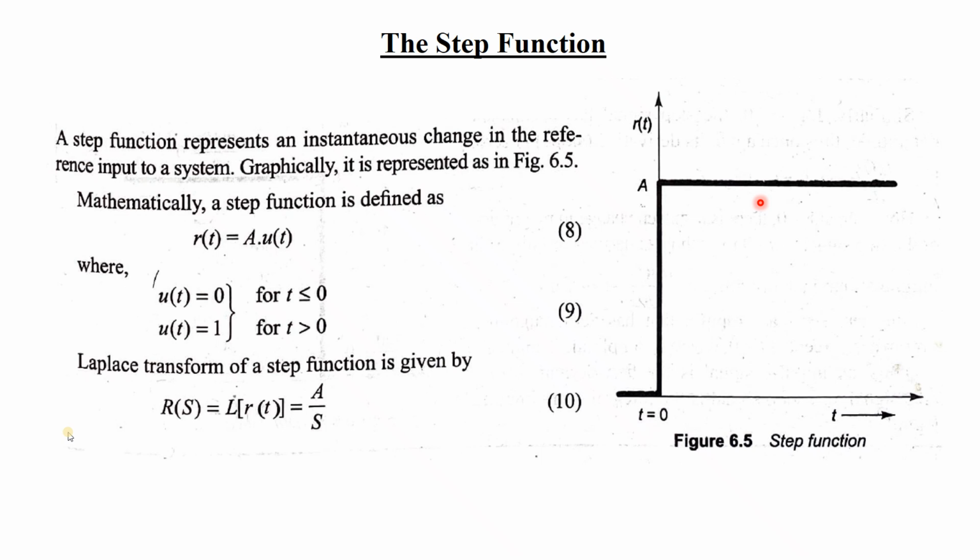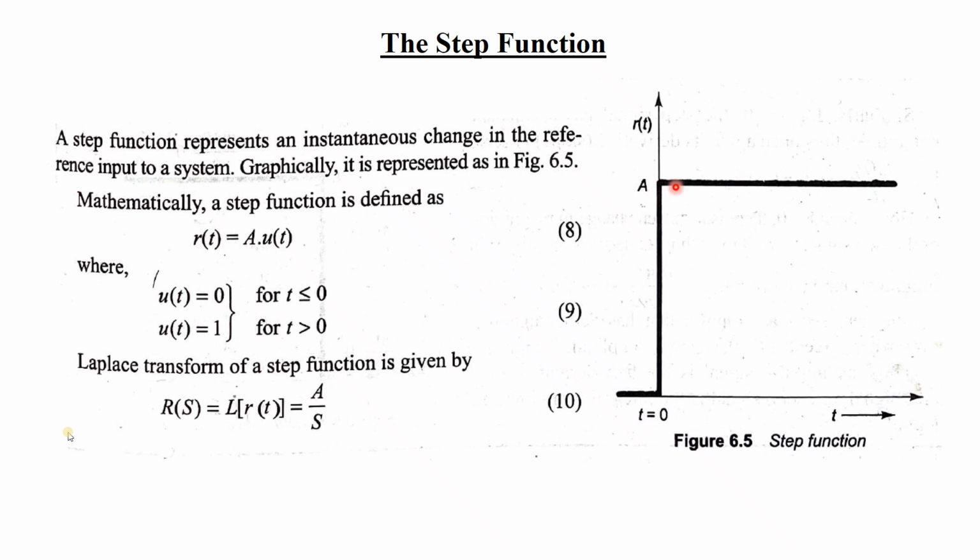Now let's talk about the step function. The step function is another test signal where the magnitude is positive for t more than 0. When t is less than or equal to 0, that means at 0 or less than 0, the magnitude is 0.